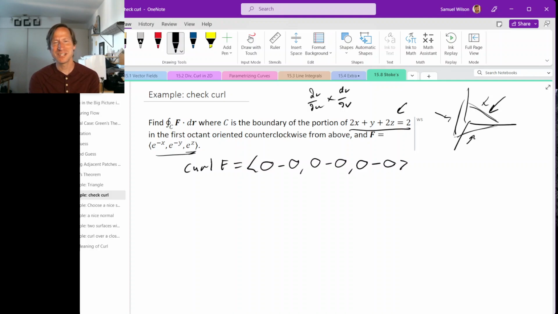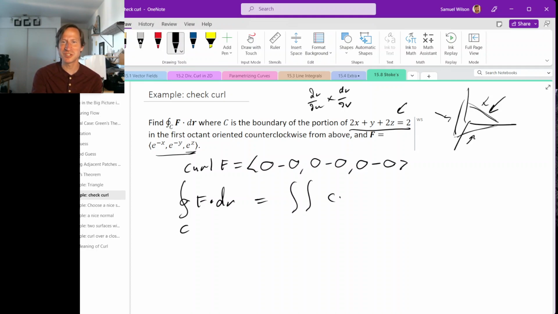So with the curl being 0, Stokes' theorem is a perfect shortcut, because when we switch to the integral of curl over the surface that this bounds, we're integrating 0, and so we get 0.